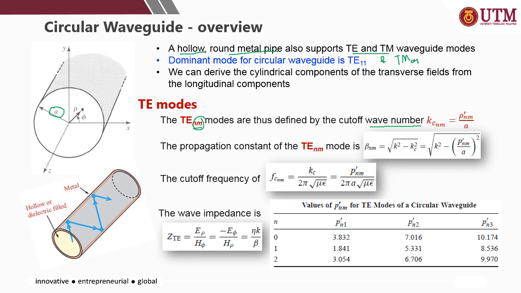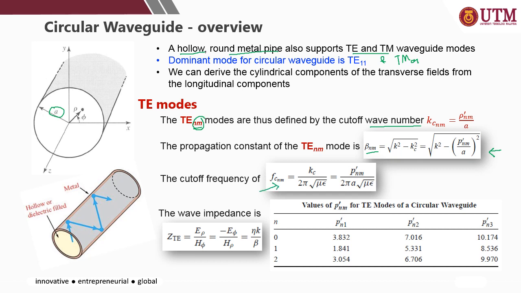The propagation constant of the mode, beta NM, can be calculated by using this equation. K is the wave number, and the cutoff frequency can be calculated by using this equation.